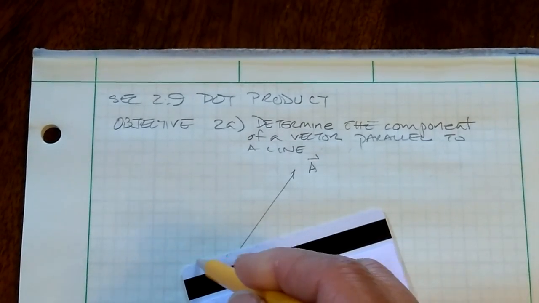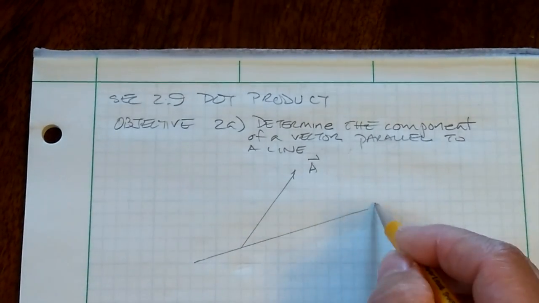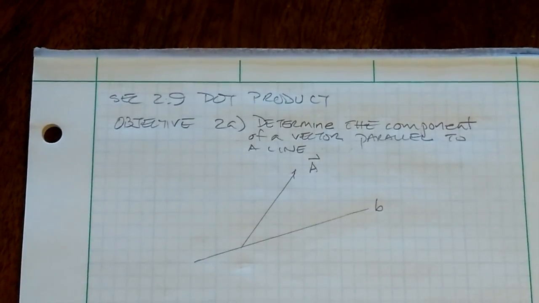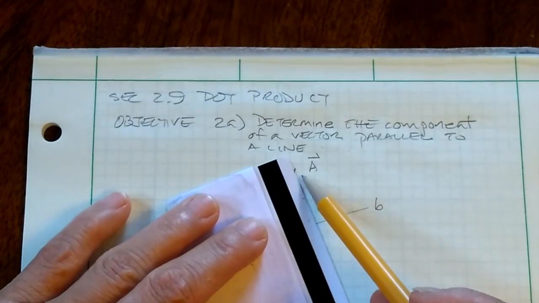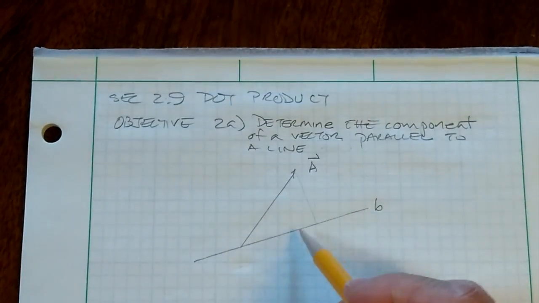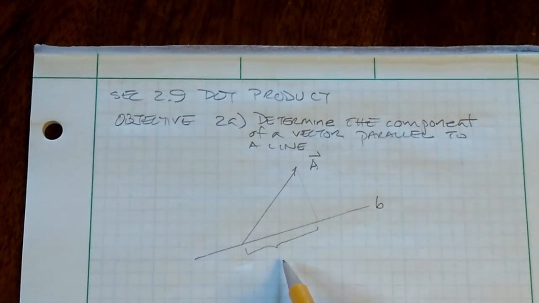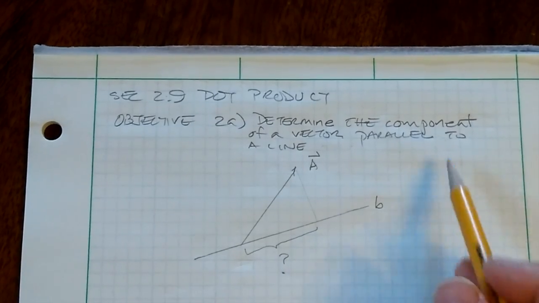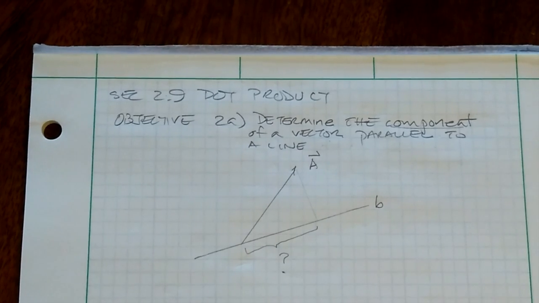And we'd like to know the component of this vector that's parallel to this line, and we'll call this line B. In essence, what that means is that we want to know the projection of vector A onto line B, and if we can find this length, that is the component of the vector that's parallel to this line B.